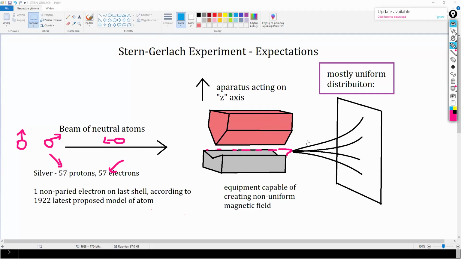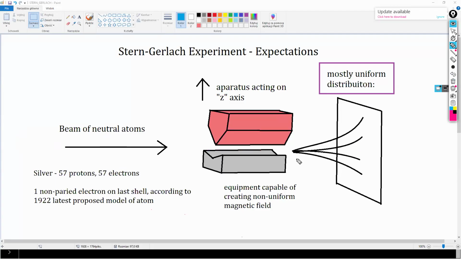When we shoot a slightly backward oriented atom into the apparatus, what we would observe is that the orientation did not change. So my atom has landed here, for example. Or if it was perfectly oriented, let's say up, it would land up.